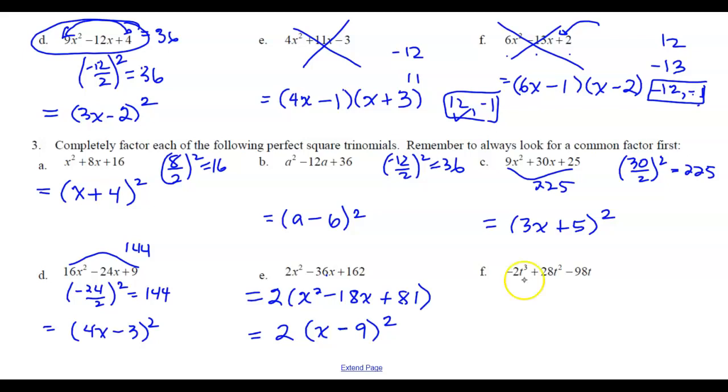And then the next one, notice how there's 2 that's common, there's a t that's common, and the first leading coefficient is negative. So we want to factor out a negative 2t. We always want the first term in the bracket to be positive. So if this is a negative, you've got to factor it out.